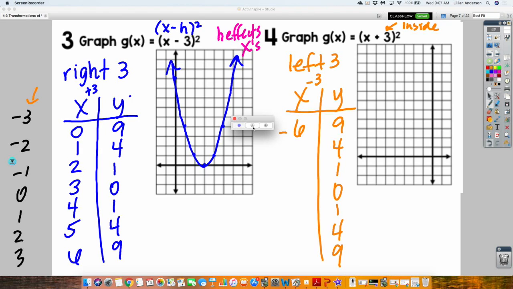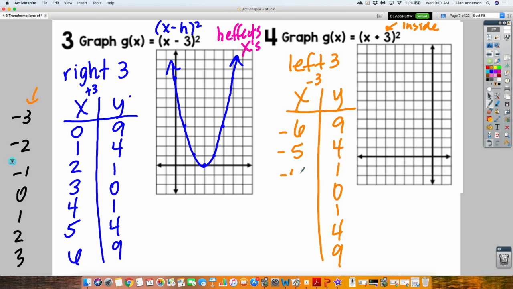So when you subtract 3 from every one of your x's, then you're going to get negative 5, negative 4, negative 3, negative 2, negative 1, 0. So now the graph has shifted to the left 3 units. Not negative 3 units, just 3 units. Okay?